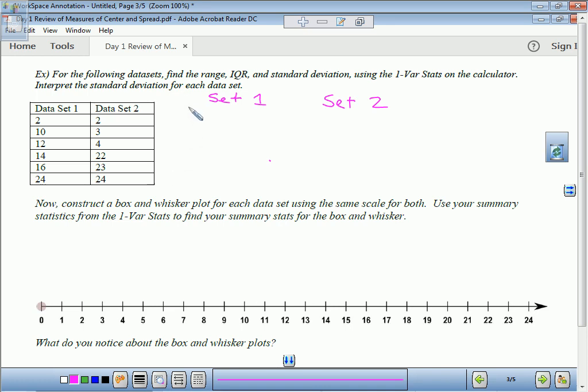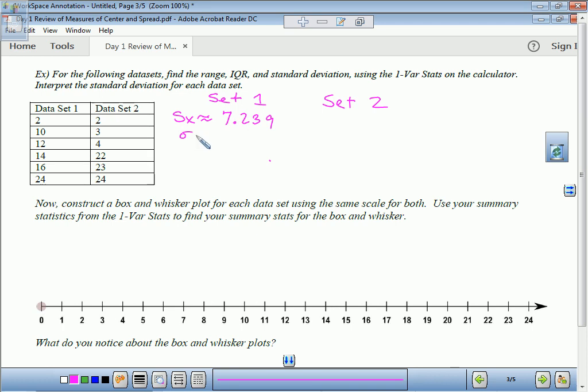Okay. Data set 1. What did you get for the sample standard deviation? If this data represented a sample, what would we say the standard deviation is? 7.239. Awesome.